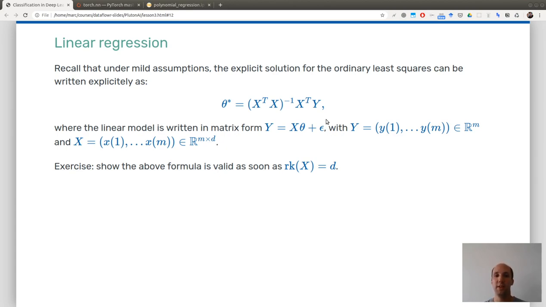This is a very simple problem with a quadratic loss, and you can show, this is left as an exercise, that if the rank of this matrix, the matrix containing all the features, is full, so it's D, where D is less than N, then you can invert this matrix and obtain the theta star with this formula.